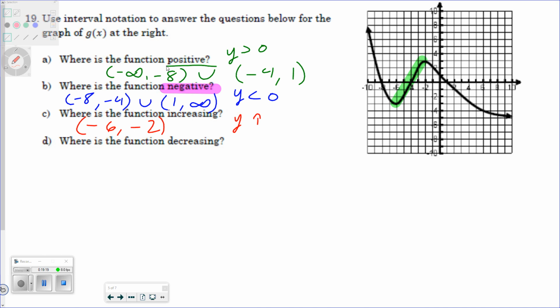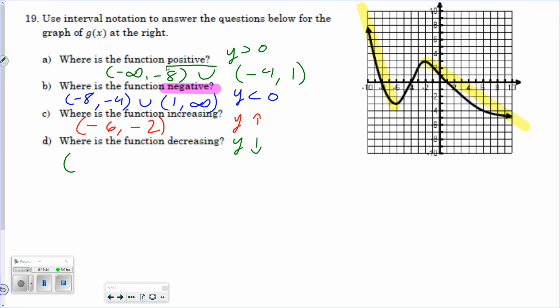And where's the function decreasing? That's pretty much the opposite. When are the y's going down? If we look at the graph, the function is decreasing from -infinity all the way down to -6, and from -2 to infinity. That's when it's decreasing.